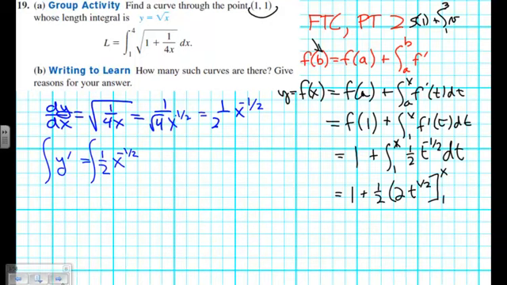And I'm saying, instead of having this be a number, what happens if we just say it's just the variable x, some value x that we don't know. All right, these two's cancel, and we end up with 1 plus x to the 1/2 minus 1. Those cancel, leaving us x to the 1/2 or the square root of x.